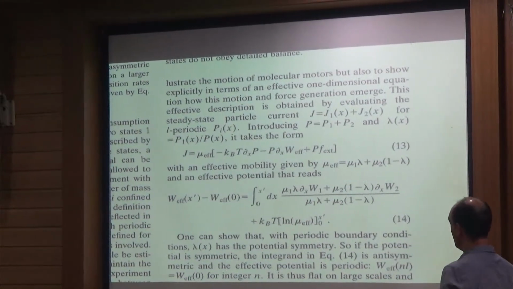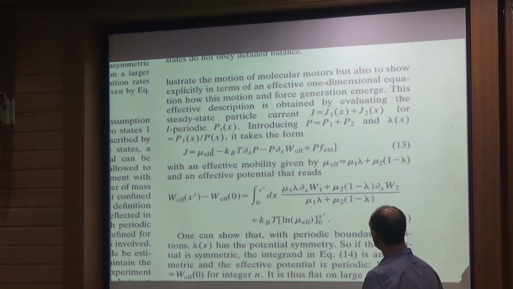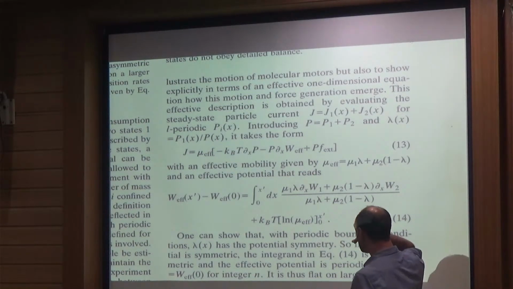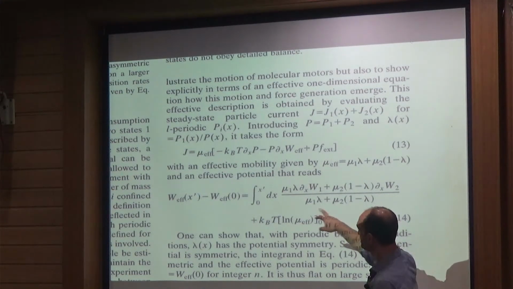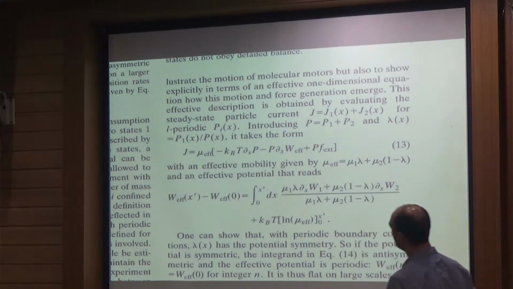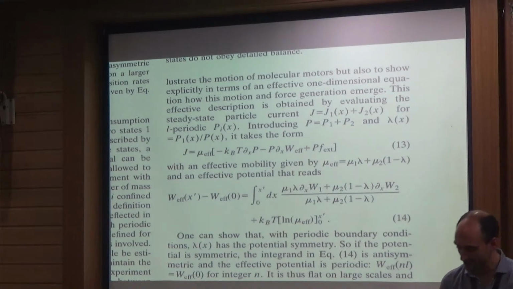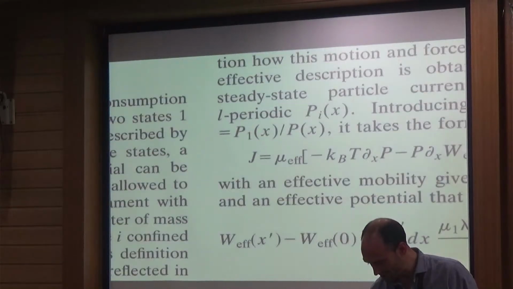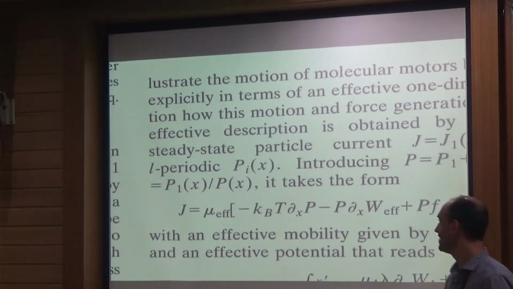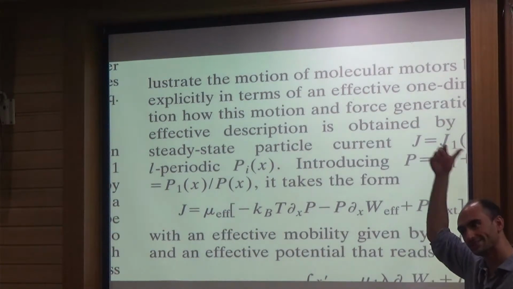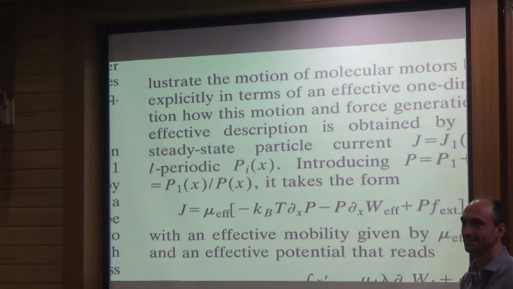And you see, if I remember well, there are mu1 and mu2, which are the friction in each of the potentials. W1 and W2 are the potentials. You have to do this integral, which is typically non-trivial. And there is this lambda: lambda x is the ratio between p1 of x and p of x. This will depend on omega, on the shape of omega. It's a bit involved. I'm really simplifying things.